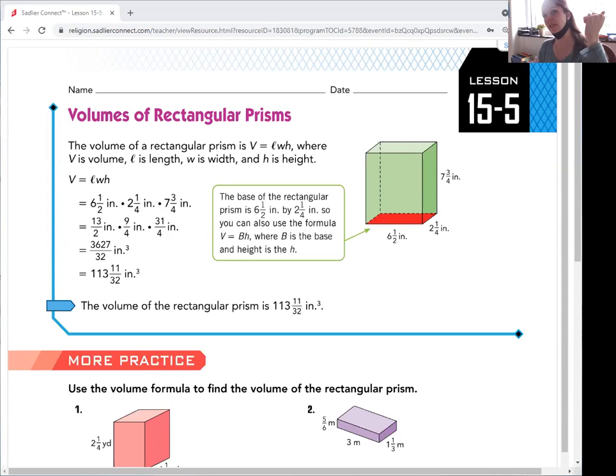The volume of a rectangular prism is V equals L times W times H, where V represents volume, L represents length, W represents width, and H represents height. So it's a three-dimensional measurement, and that involves the entire density of the shape. Like, how much space does this object contain?